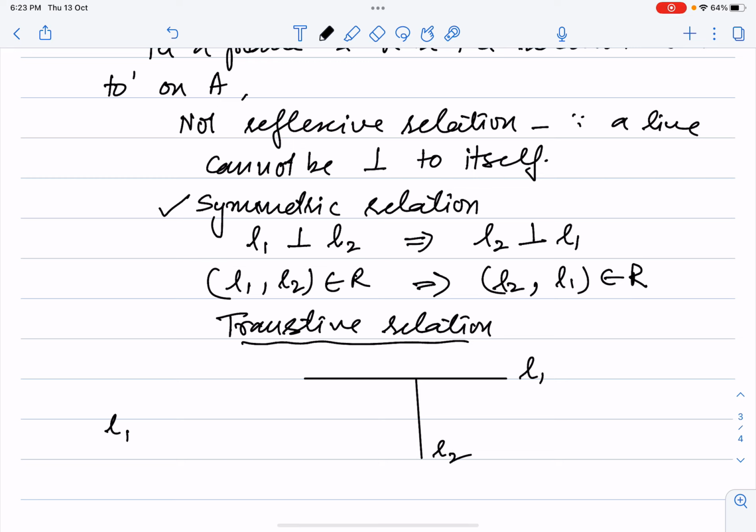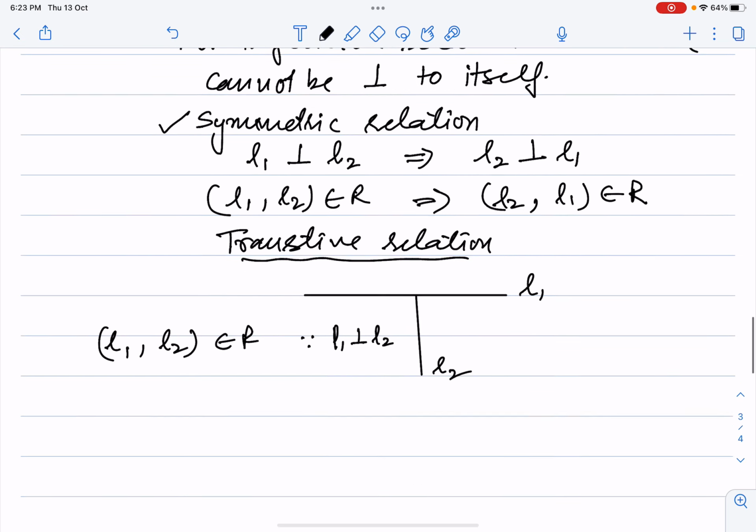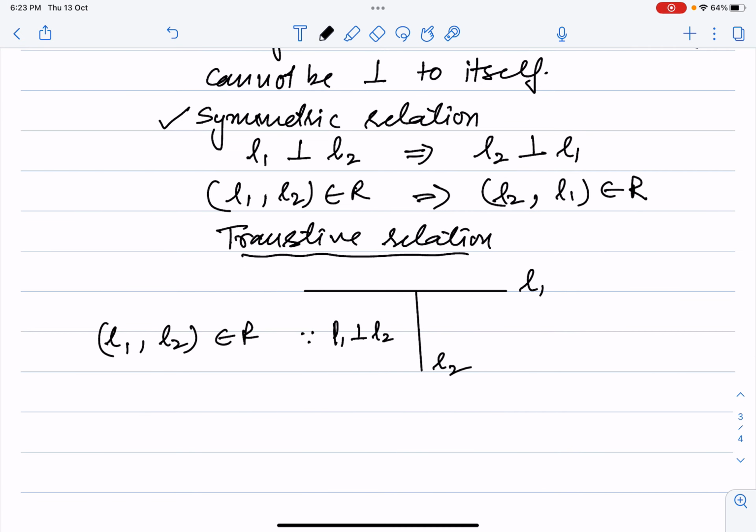So (L1, L2) belongs to R, obviously, because L1 is perpendicular to L2. Now suppose there is another, third line. Let me draw a third line also. Suppose this is the third line.